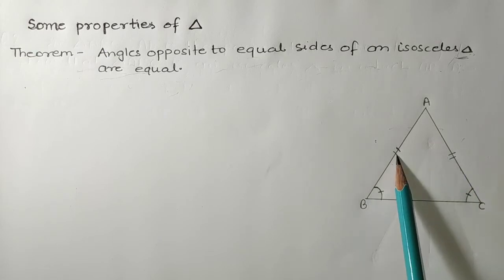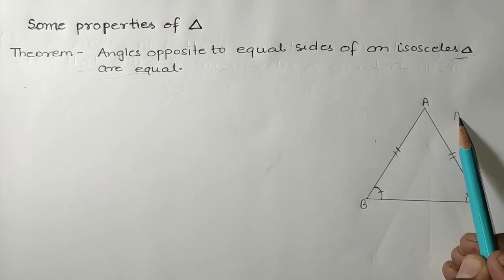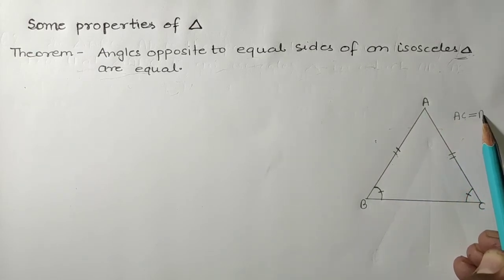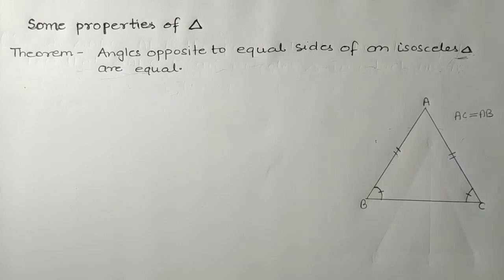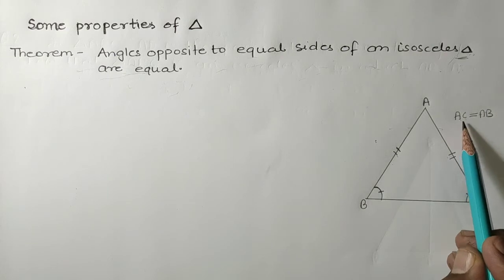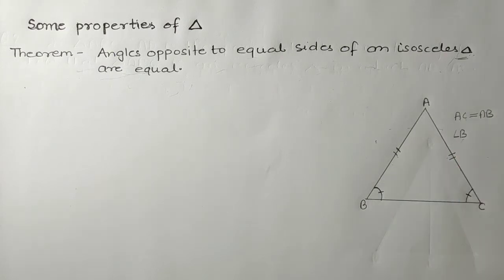Sides AC and AB. So according to the statement, the angle opposite to AC is angle B and the angle opposite to AB is angle C, and they should be equal. This is the meaning of this theorem.